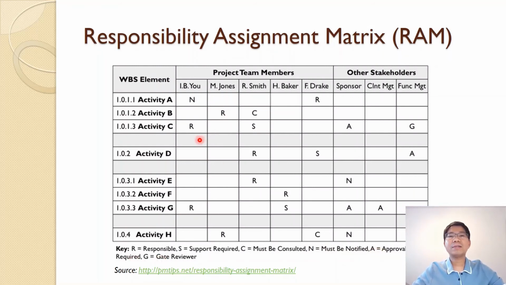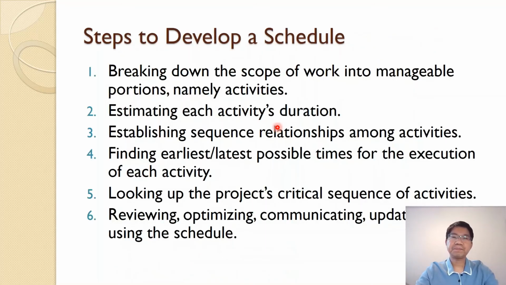So in one task, for example here, activity C, you have R responsible, and then S is support required, sponsor, A approval required, and then G, get reviewer, functional manager. So you can see that is a more detailed level of responsibility within one activity.